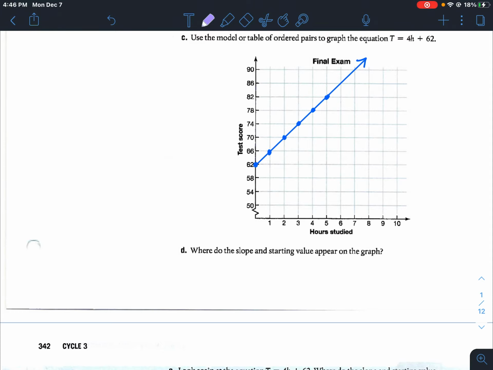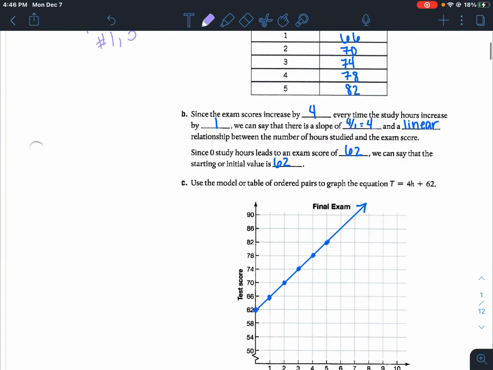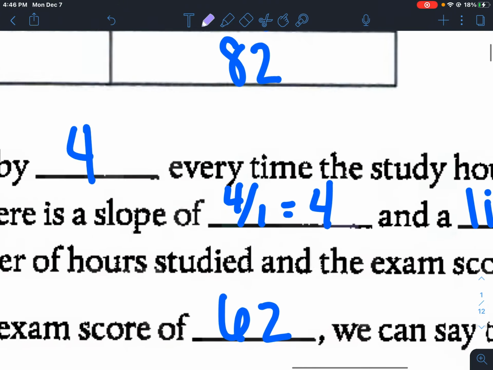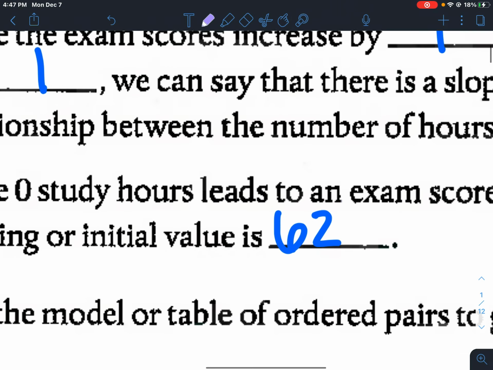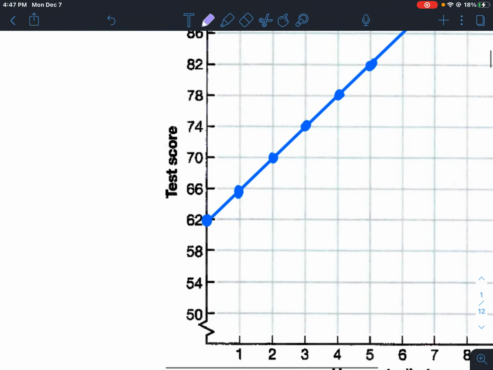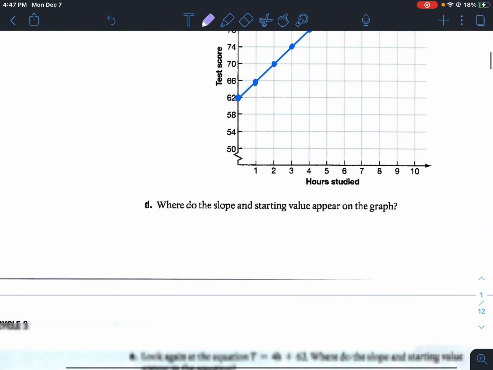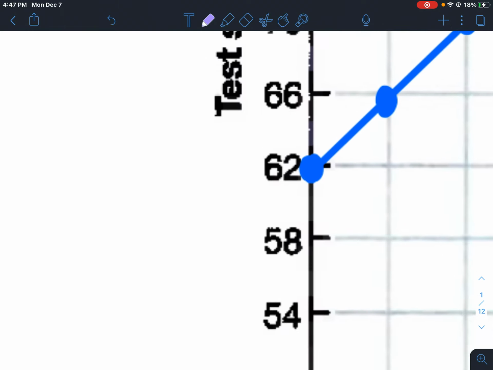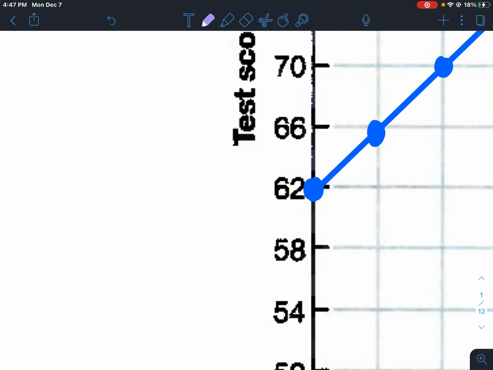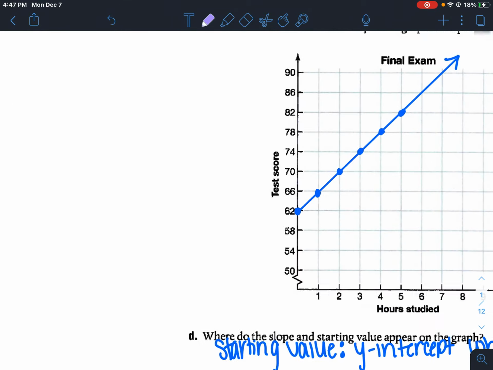D, where do the slope and starting values appear on the graph? Okay, so remember we said our slope was 4 and our starting or initial value is 62. How do those appear on the graph? Well, the starting value is the y-intercept. So when x equaled 0, y equaled 62.